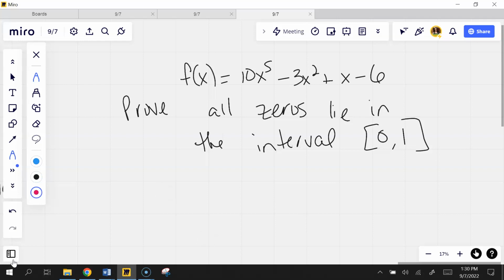What's 0? I need to test this one first. If that really is the lower bound, what's going to happen? Alternating signs. So 0, 5th, 4th, 3rd, 2nd, 1st. Constant.